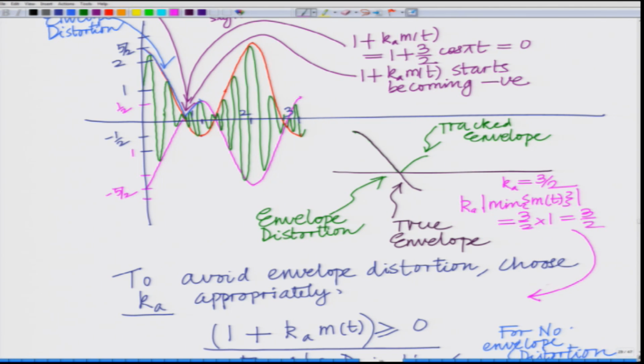So, the modulation index is greater than 1, therefore this is over modulated, since the modulation index mu is greater than 1.